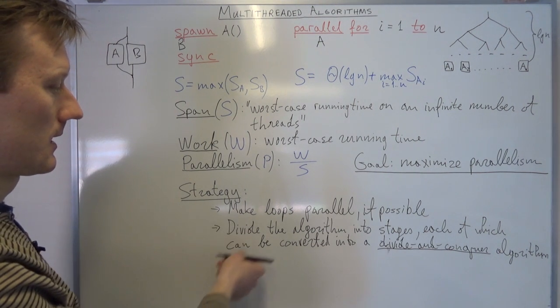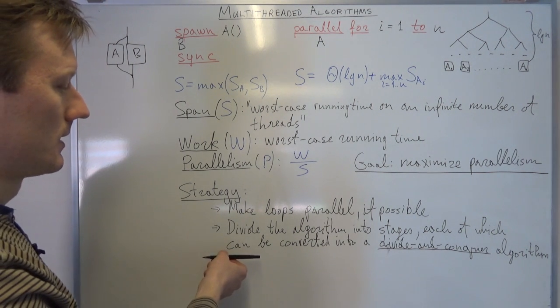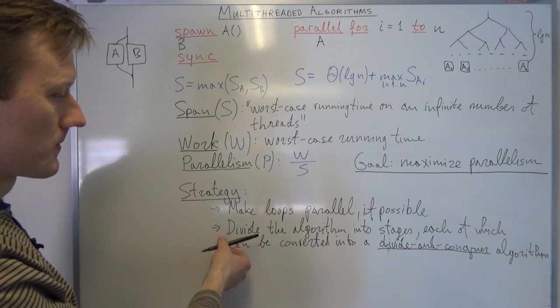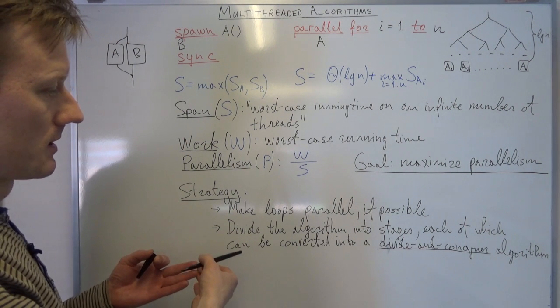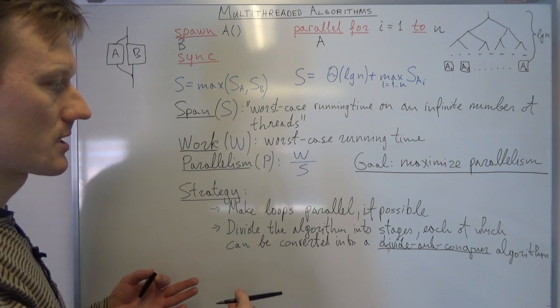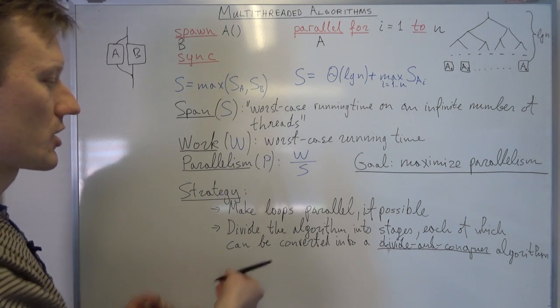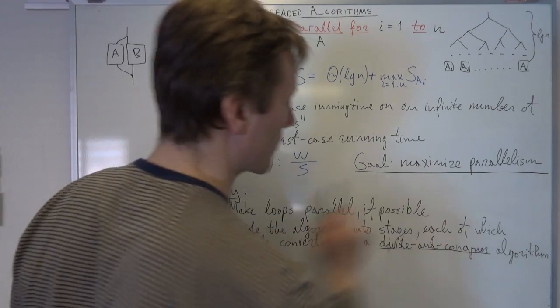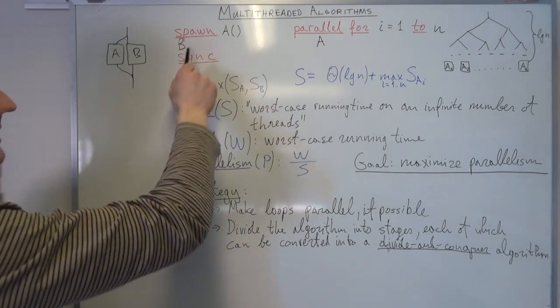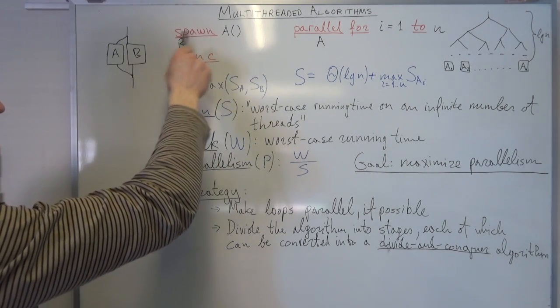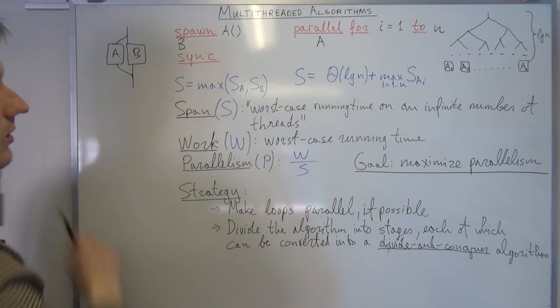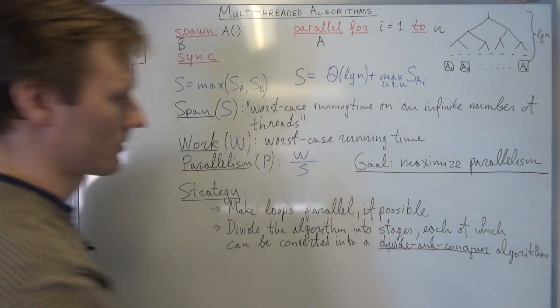Then we want to maybe split the algorithm into stages, each of which can be converted into a divide and conquer algorithm. And so then we'll be able to perform the recursive calls in parallel in this divide and conquer algorithm.